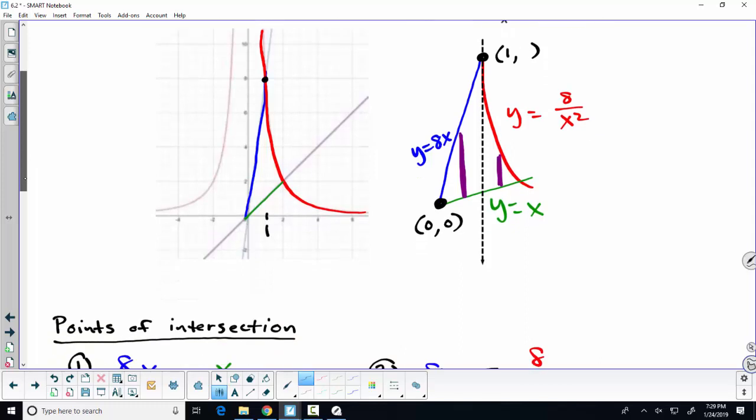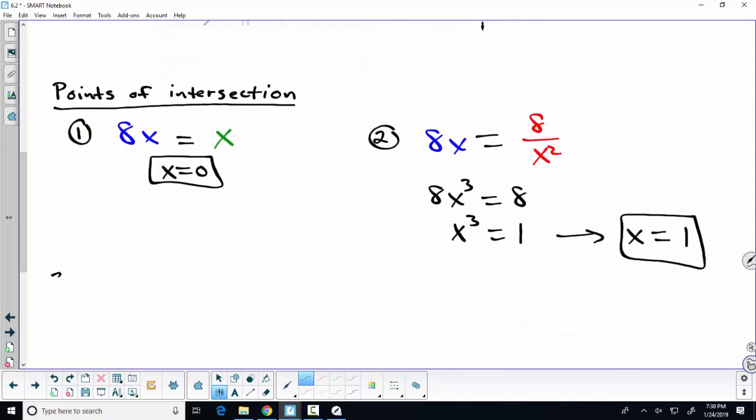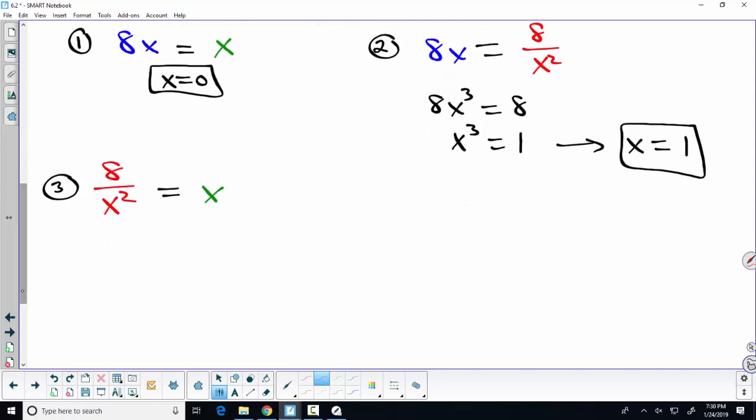And then we'll figure out where x equals 8 over x squared. Same method to solve. This time we get x cubed equals 8, which means x is equal to 2.